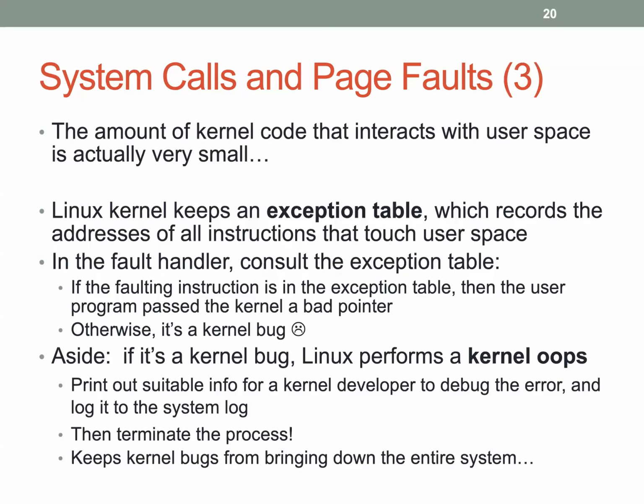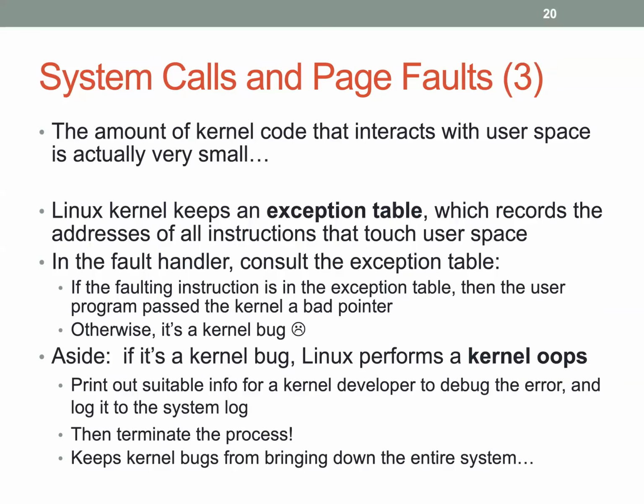Oops, right? Ideally, this approach will allow the kernel to remain as stable as possible. So this is one of those mechanisms that I think is really clever. It's an interesting challenge to figure out how to solve these kinds of problems, and Linux has quite a clever solution.